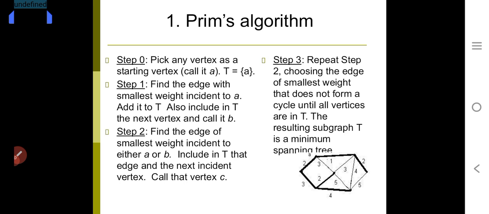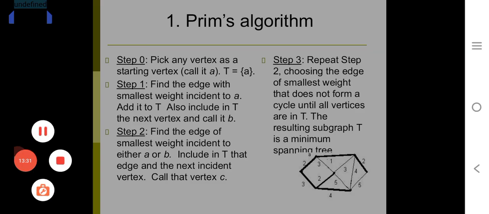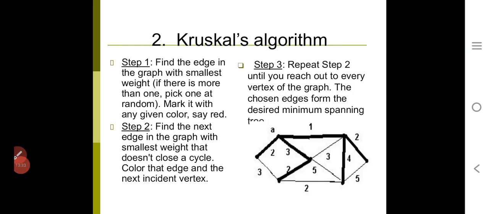So likewise, from the values we make the smallest path between every pair of vertices. So this is Prim's algorithm. Then the second method is Kruskal's algorithm.